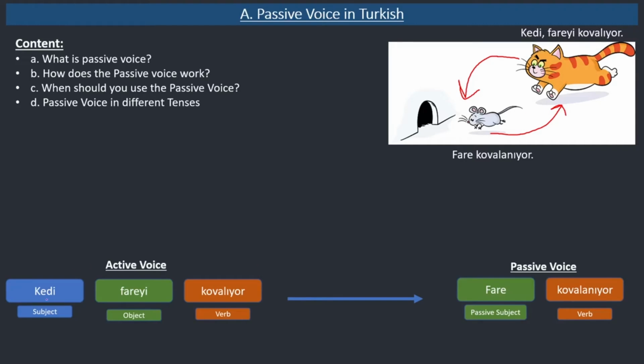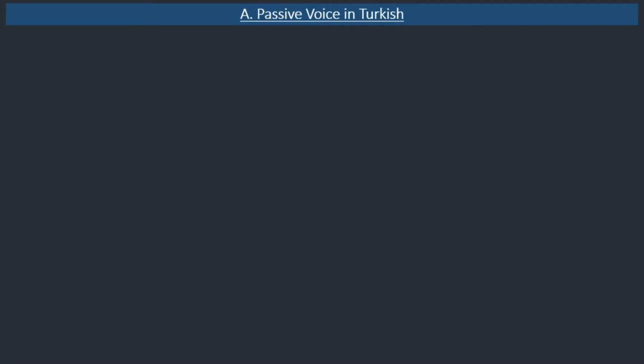You can also see it in this visual, in this image. We change the position of the words, or in other words, we drop the subject and we simply talk about the object and what kind of action is being performed upon the object. There's no subject in a passive voice. So let's see the details.